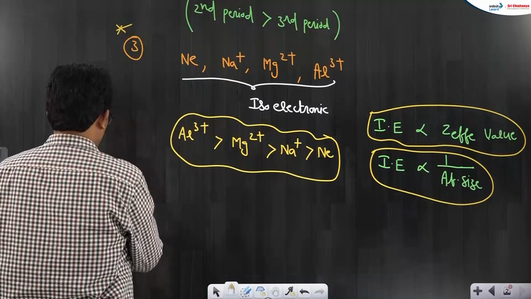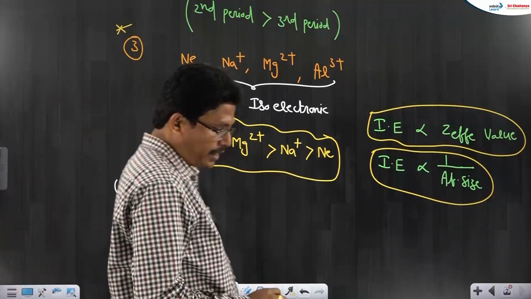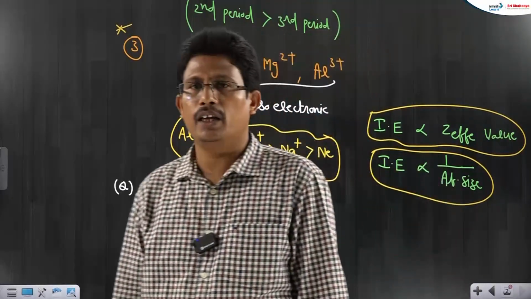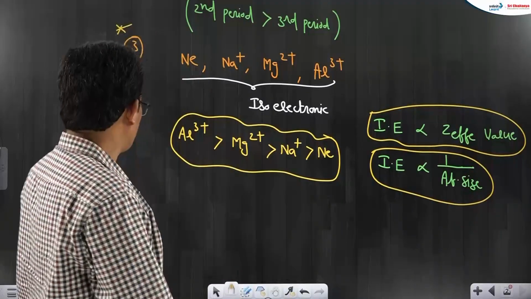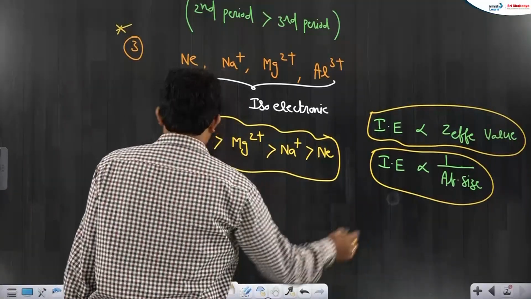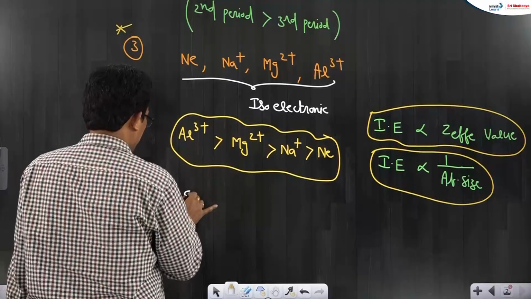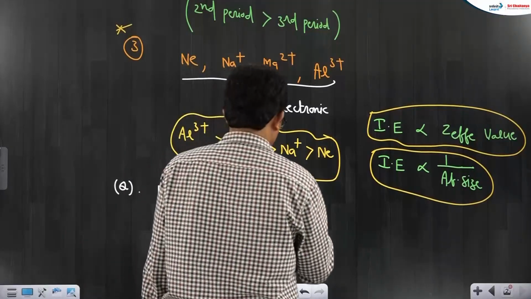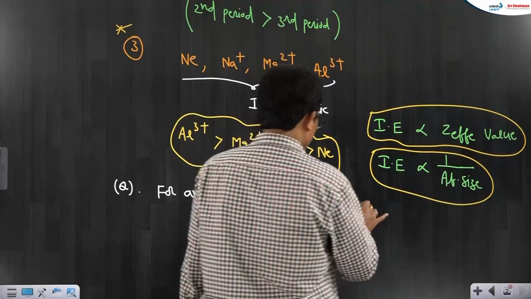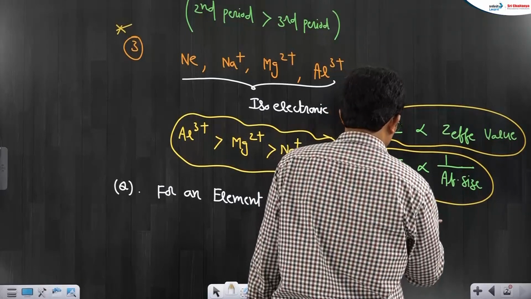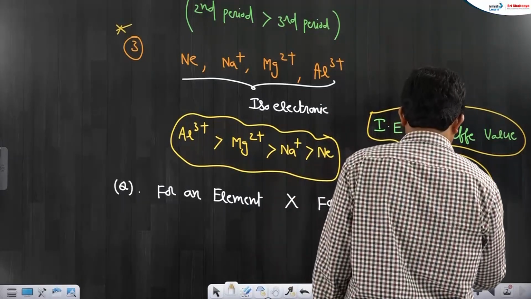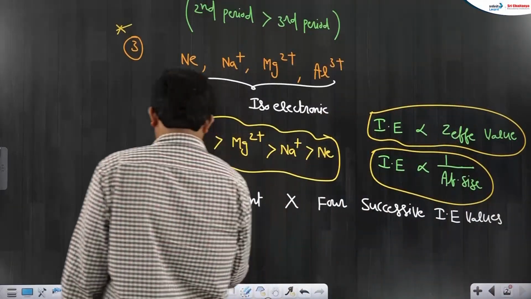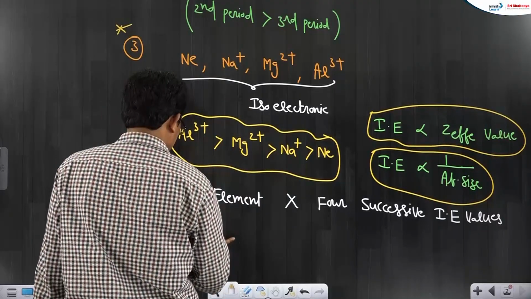One more important model related to ionization energy is finding the valency of an element by using successive IP values. Here, for an element X, 4 successive ionization energy values are given.